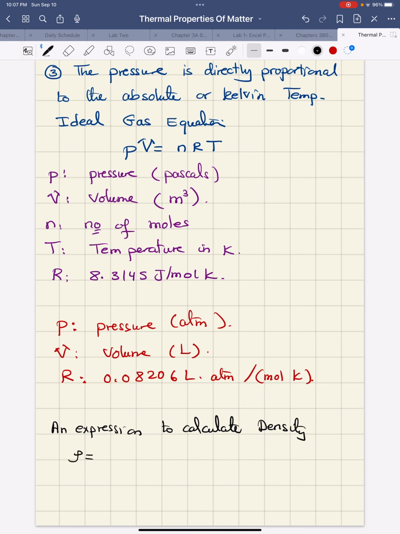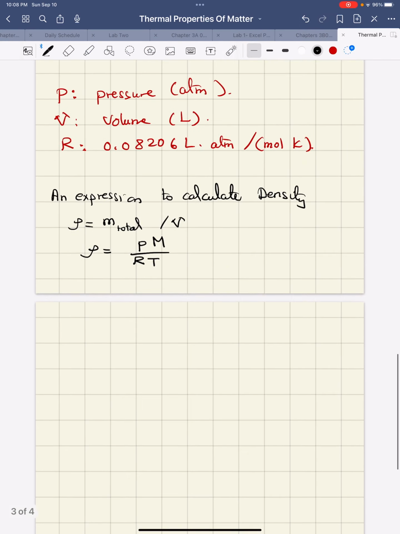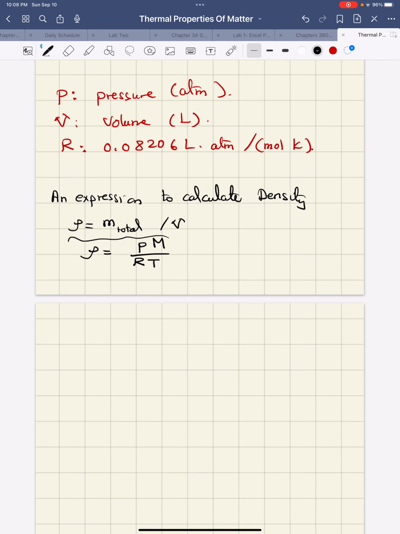Then rho is the total mass divided by volume, and rho equals the pressure times M, the molar mass, divided by RT. This is one of the equations that we use for density.